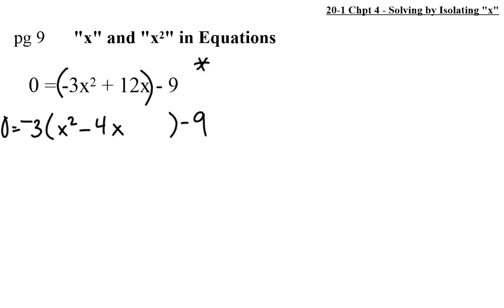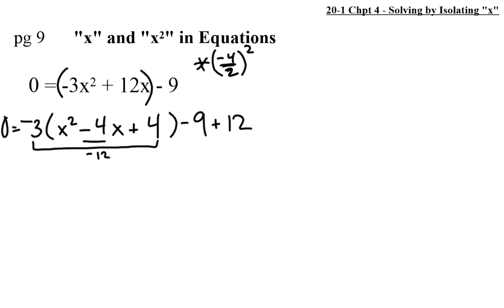Magic number. There's our negative 4 squared. Negative 4 divided by 2 squared leaves us with 4. But we've actually, in this case, put in a negative 12. So we have to take out or put in a positive 12 so they counteract each other.